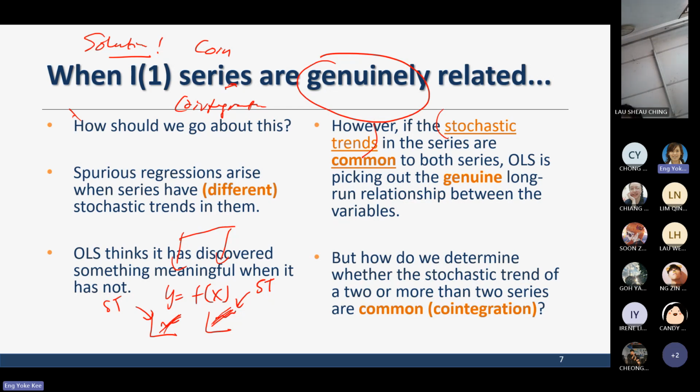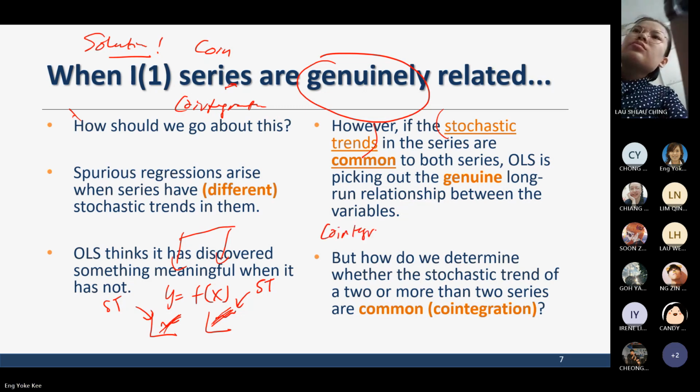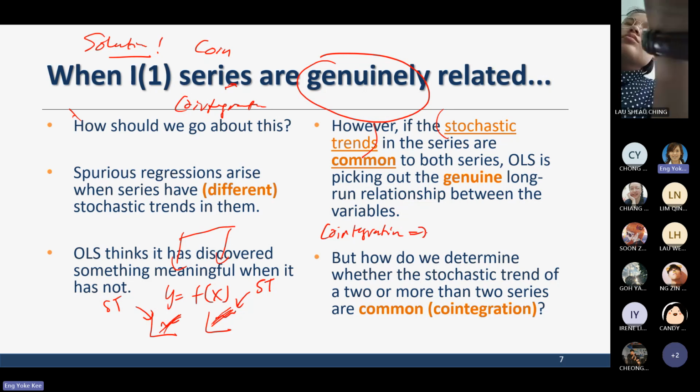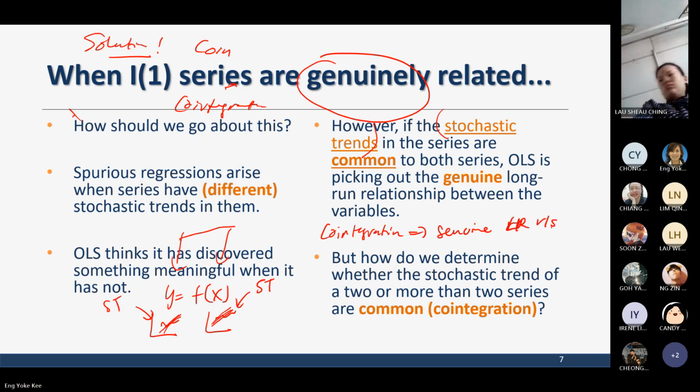In economics, we call this the concept of convergence. Now you converge towards the long run. This is what we call the concept of co-integration. It basically means that there is a genuine long-run relationship, or co-movement, between the two.